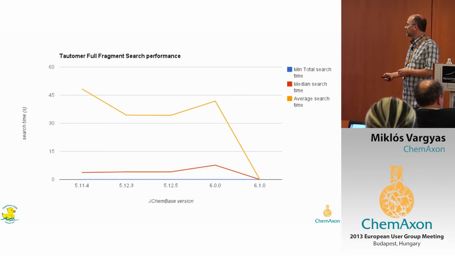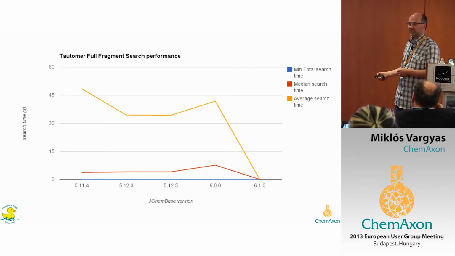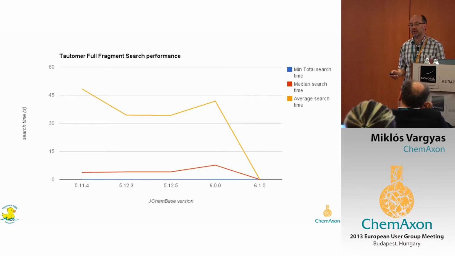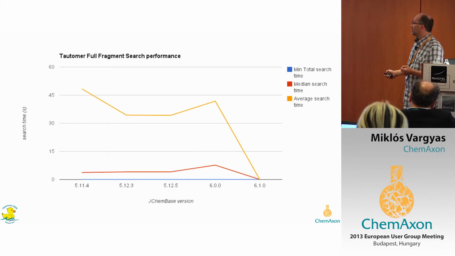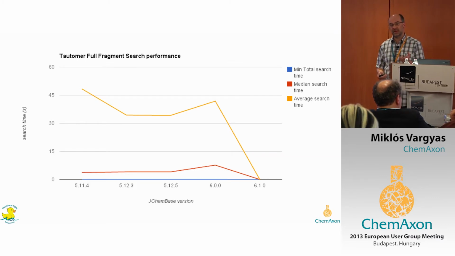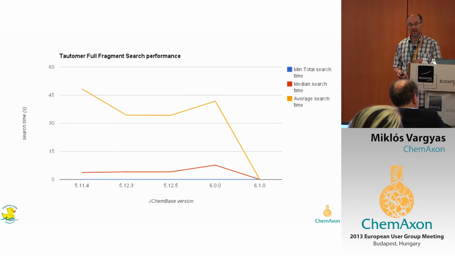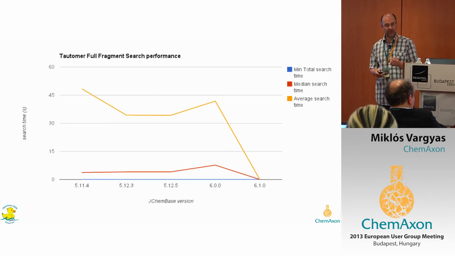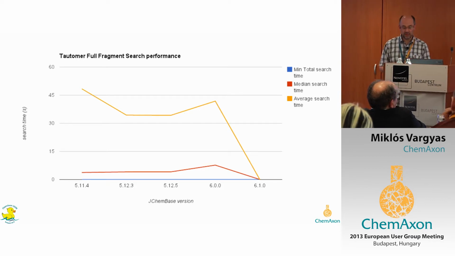The typical searches didn't take that long, like 5, 7 seconds. I admit it's not the speed of light, but it's not that bad. What worries me is the average. If the average is so high, it means that there are some outliers, some searches that take a really long time to complete. And some of these actually kill JChem search because they gobbled up the memory.